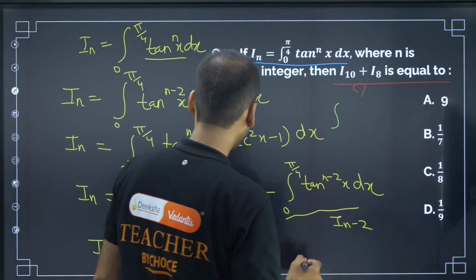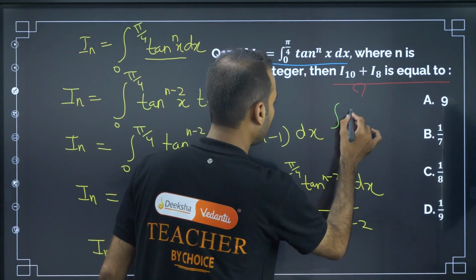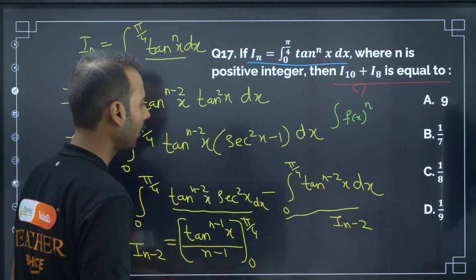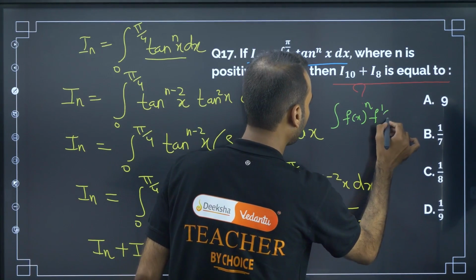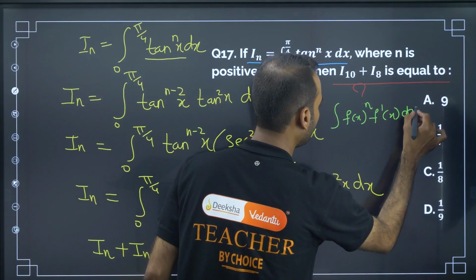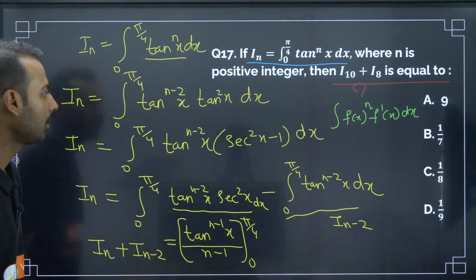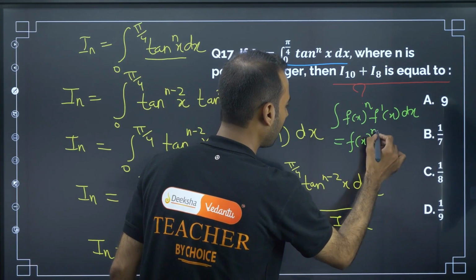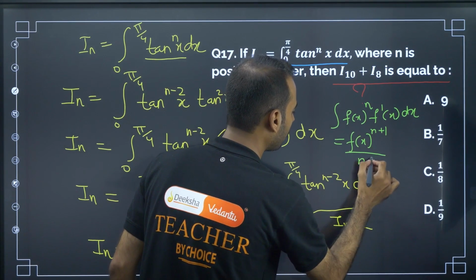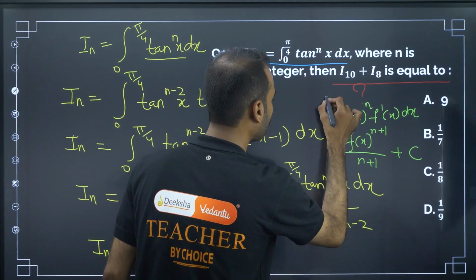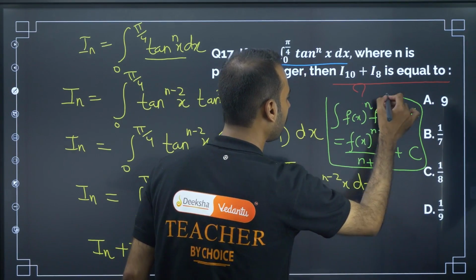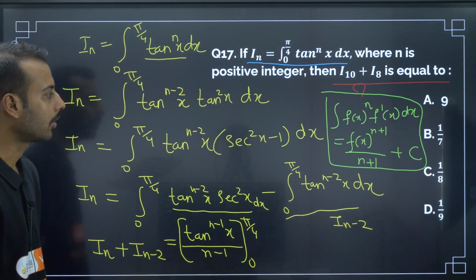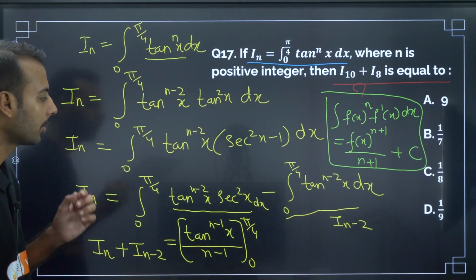See here, the integral of f of x raised to n and f dash of x dx is equal to f of x to the power n plus 1 by n plus 1 plus c. So this is the formula we are writing here.